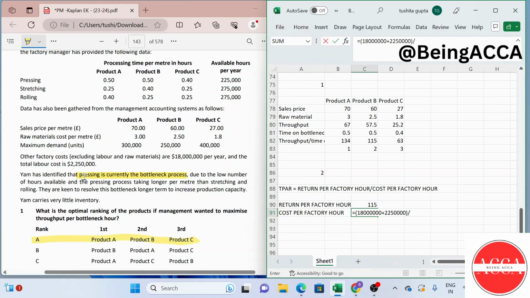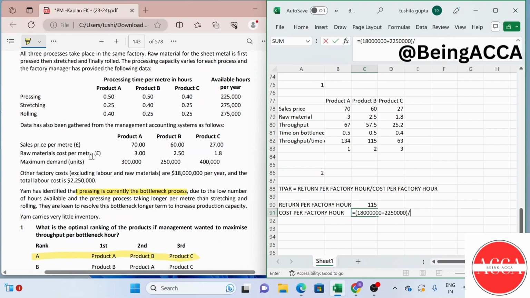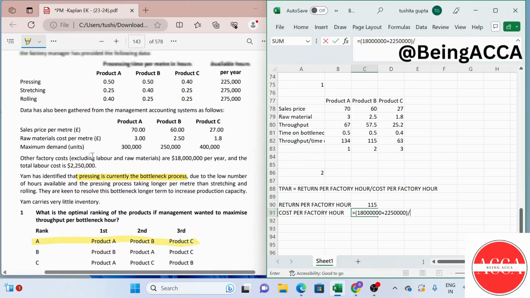And then I will have to divide this by the number of hours that are there in total. The total number of hours is nothing but the time on our bottleneck. So bottleneck currently is pressing and we have 225,000 hours available on this. So 90 is my cost per factory hour.